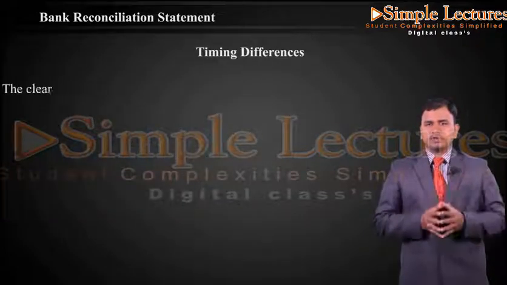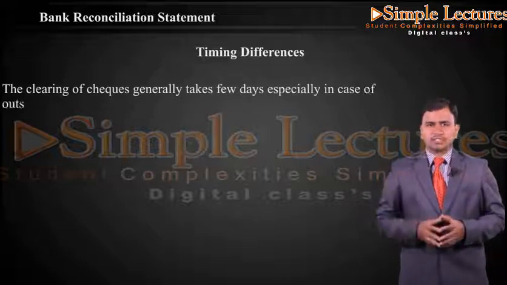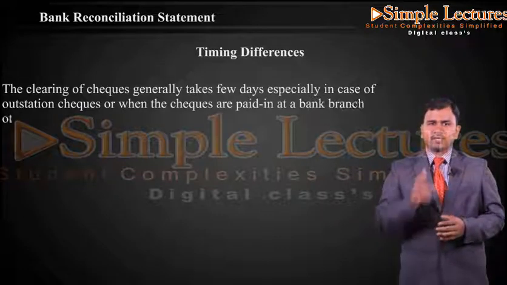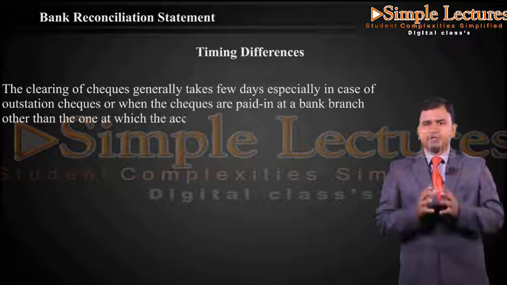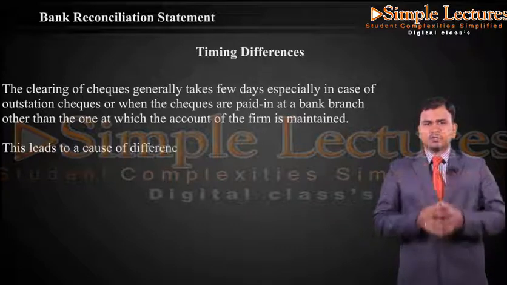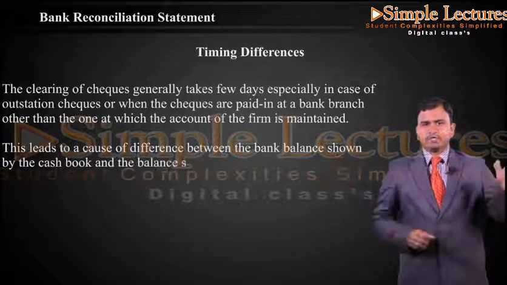The clearing of checks generally takes a few days, especially in case of outstation checks or whenever the checks are paid in at a bank branch other than the one at which the account of the firm is maintained. This causes a difference between the bank balance shown by the cash book and the balance shown by the bank passbook.